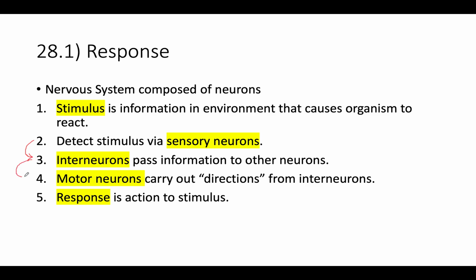Then you're going to interpret that stimulus with your interneurons, and then you will send that response to your motor neurons and carry out the directions for the response. So first the stimulus, receive it, process it, send it, then you have a response. It goes in that order, and that works for all nervous systems.